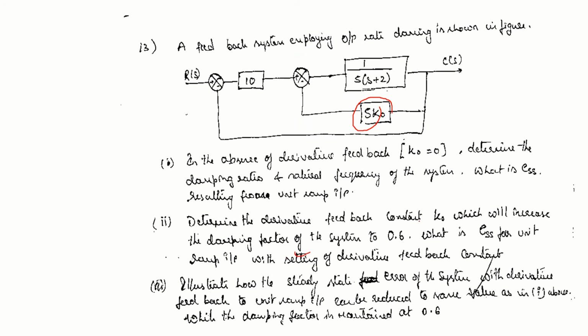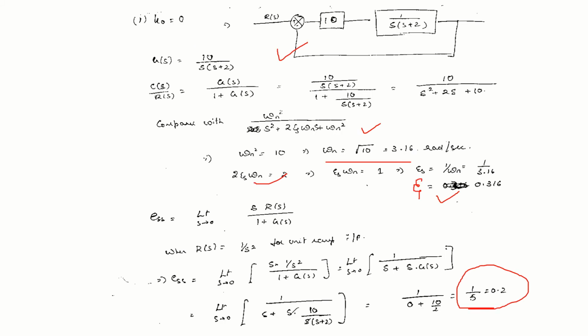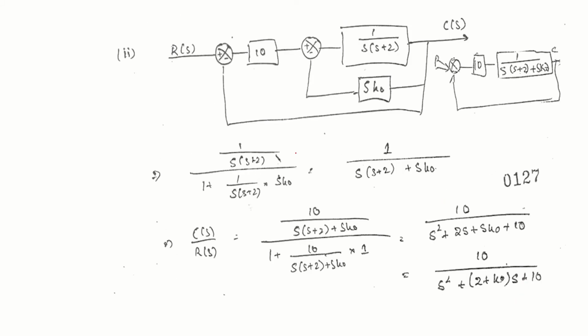Determine the derivative feedback constant K naught, which will increase the damping factor of the system to 0.6. What is the steady state error for unit ramp input with this setting of the derivative feedback constant? So now if I simplify all these things, I'll get C of S by R of S equal to this.